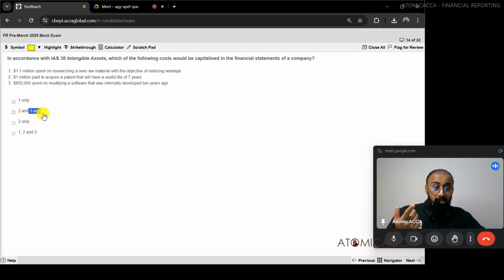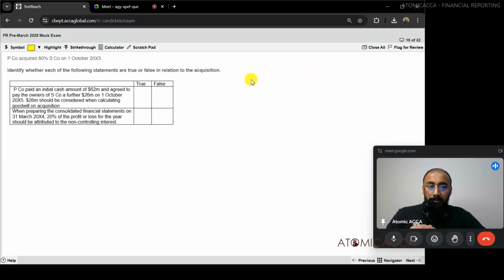But if the question was asking about consolidated financial statements, then this would be considered, because in consolidated financial statements, internally generated brand value, if you can assess a figure on that, will be considered and recorded. So here only 2 is the option, that is 1 million paid to acquire a patent that will have a useful life of 7 years. So it is a patent with a definite life, so we are going to choose option 2 only.